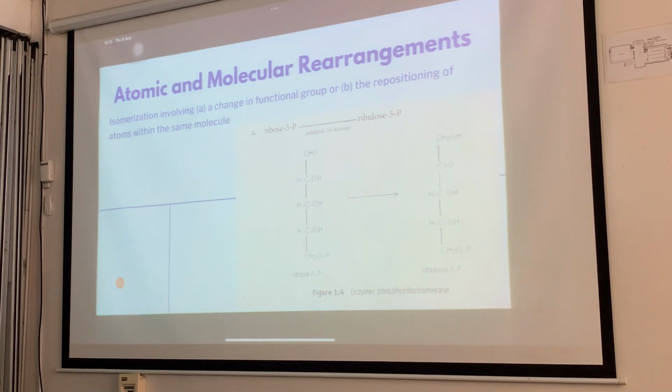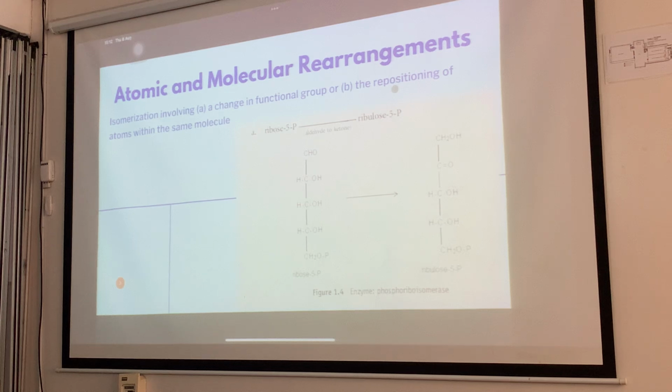So for example here, isomerization is an example of rearrangement at an atomic or molecular level. It could have two types as well, meaning a change in the functional group or the repositioning of atoms within the molecule. In this case, ribose 5-phosphate is an aldehyde, and then it would be converted to become a ketone, ribulose 5-phosphate.